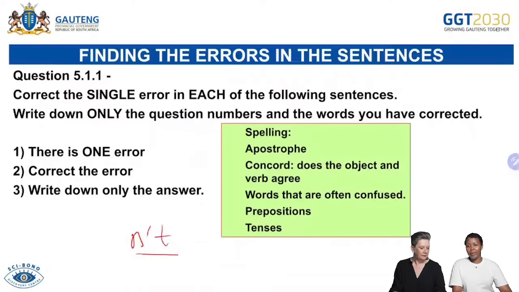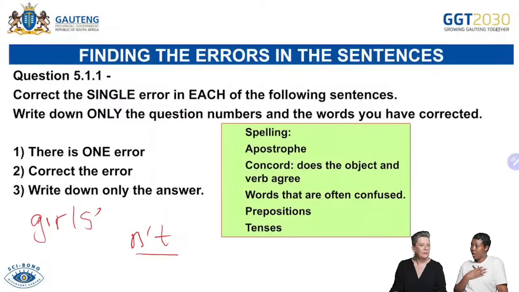If we are talking about things that belong to a group of girls, we put the apostrophe after the S, which shows that it doesn't just belong to one girl, but it belongs to these girls, both of them together. So if at any given time they're talking about the girls in plural, but the examiner has put an apostrophe in the wrong place, then you know this is the identified error that you need to focus on, grade 12.